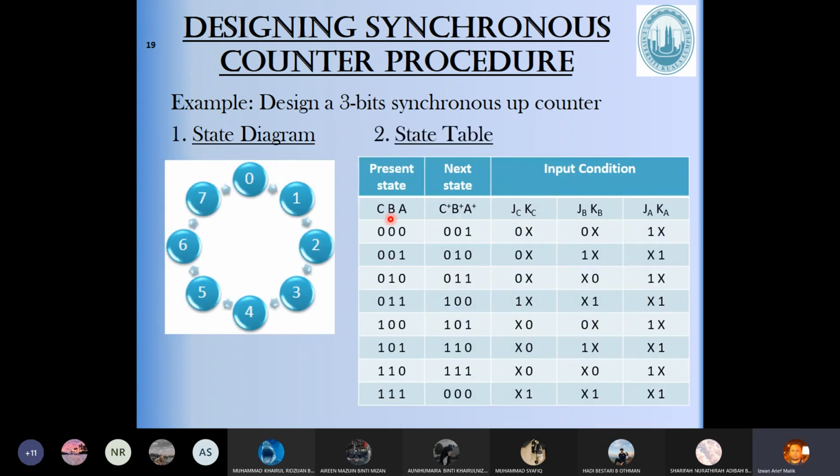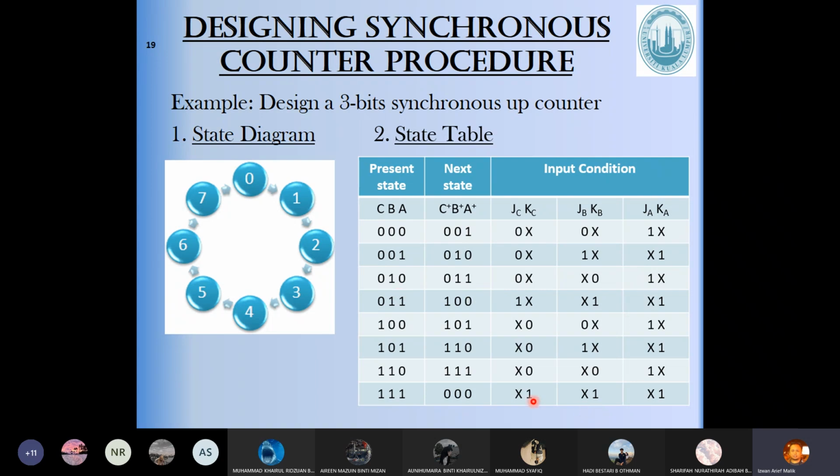Okay, and then compare pula B dengan B plus. 0, 0, 0 don't care, 0, 1, 1 don't care, 1, 1 don't care 0, 1, 0 don't care 1. Okay, and then last kali A dengan A plus, 0, 1, 1 don't care, 1, 0 don't care 1, sampai bawah sekali lah.